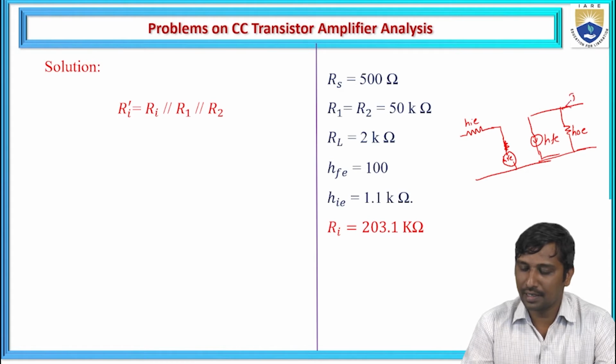Here the collector current flows, this is the emitter, and this is the input side Vi.